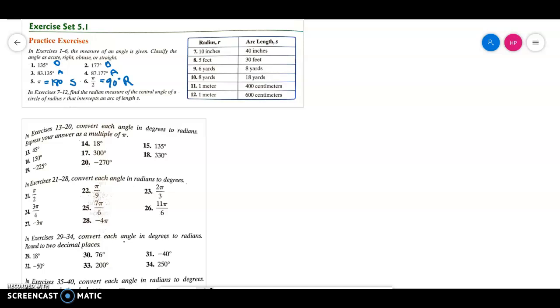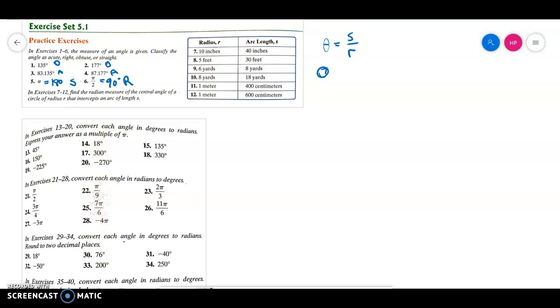7 through 12, the radian measure of the central angle. So if we're trying to find the radian measure, that was that formula up above, that theta is equal to the arc length divided by the radius. So just how many times would that fit? For each of these, we're really just taking the second column and dividing by the first column.